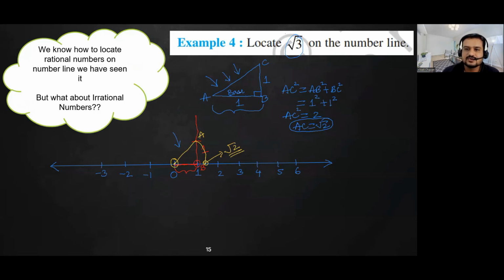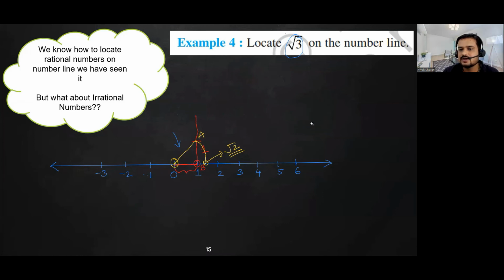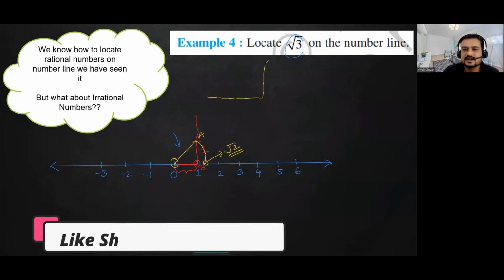So now I am going to rub this rough figure, because this rough figure will not be required for locating under root 3. Okay. Now under root 3, when it is formed, first we will draw a rough right angle triangle.